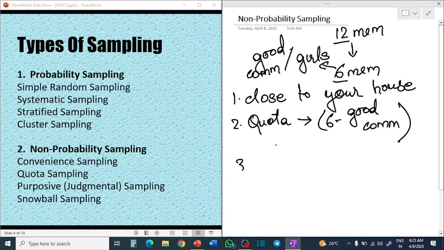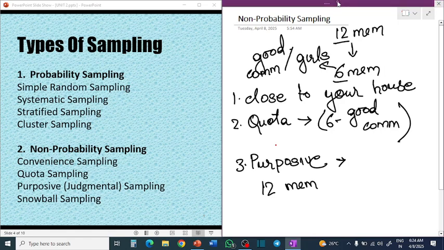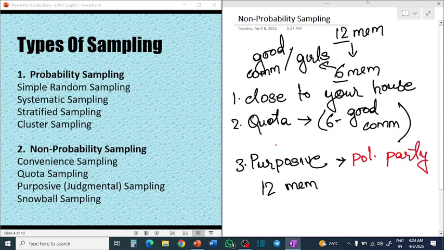The third one is purposive sampling. Purposive. So you have a particular purpose or you want to prove a particular point in your research. Suppose out of the 12 members you have a research topic in which you are told to talk about a particular political party, whether the people are happy about a particular political party in a country or not.